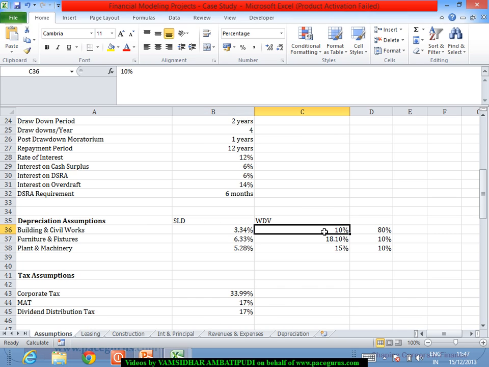So what would typically happen is, to the asset value, probably the first year the 10% of the asset value is depreciated. Then out of the remaining balance, right? So what is the remaining balance? 1 minus 10%, 1 minus 10% of the asset.